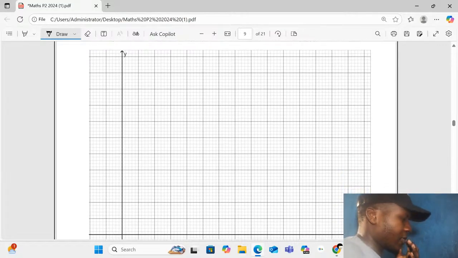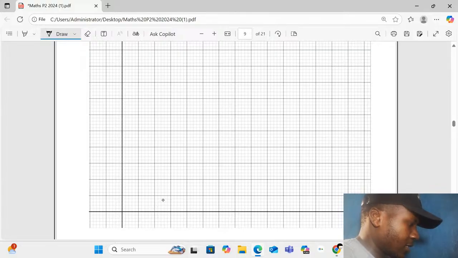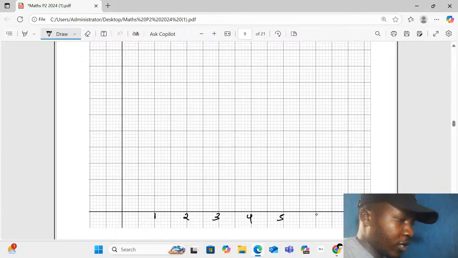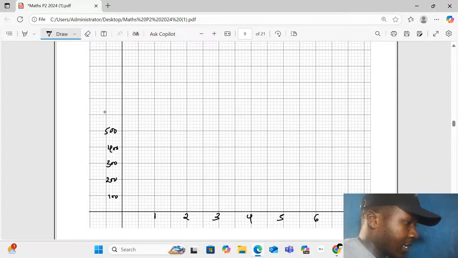So we can now draw. 2 centimeters on the x-axis represent 1, so this is 1, 2, 3, 4, 5, 6 on the x-axis. On the y-axis, 1 centimeter represents 100, so this is 100, 200, 300, 400, 500, 600, 700, 800, as you go on.